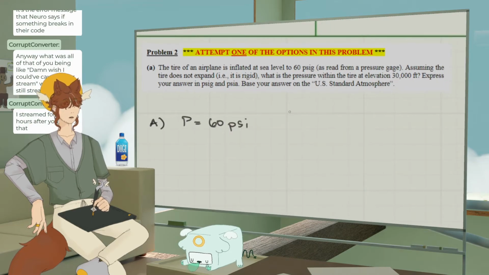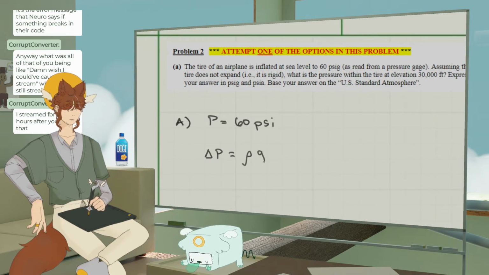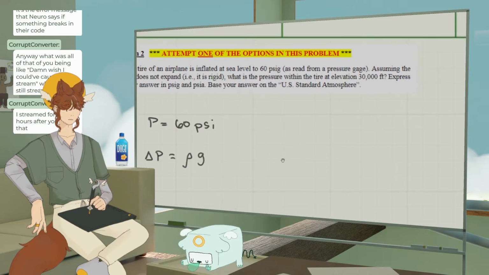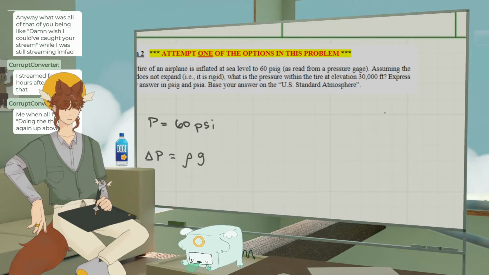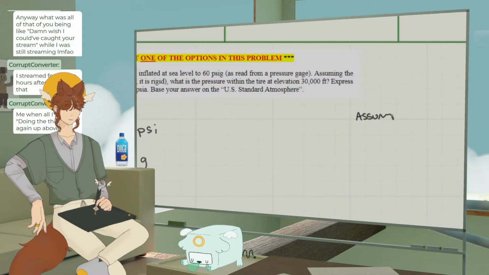What is the pressure within the tire at elevation? Okay, so if we do this, delta P equals rho, because rho is not changing. Gravity is, well, assuming the tire does not expand, I guess I could just say, do I want to account for gravitational change? Assumption. How much does gravity change?